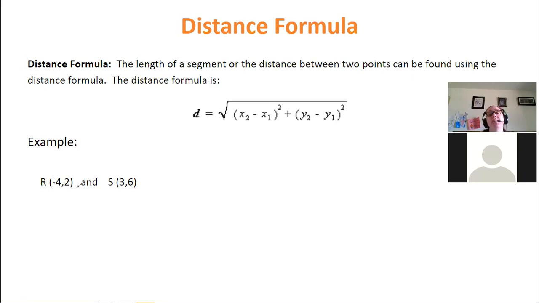So according to this formula, we take our second x value and subtract our first x value. Square it and then add it to the y's subtracted. So here are my points.